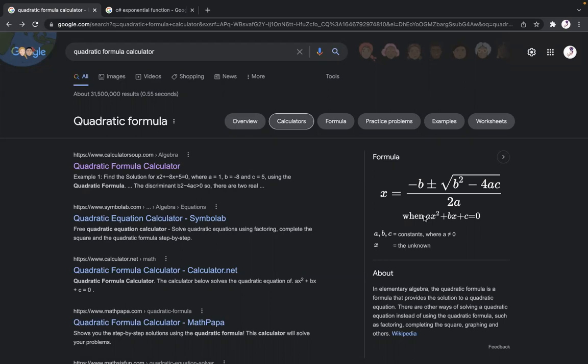Well, yeah, I guess you're right. I guess that's actually the best idea right now. Or we can write an if case: if A is equal to 0, then we'll return the program, or we'll just break it. And else, if it is not equal to 0, we can solve the quadratic formula.